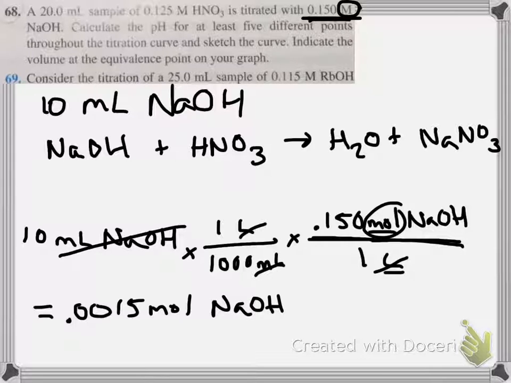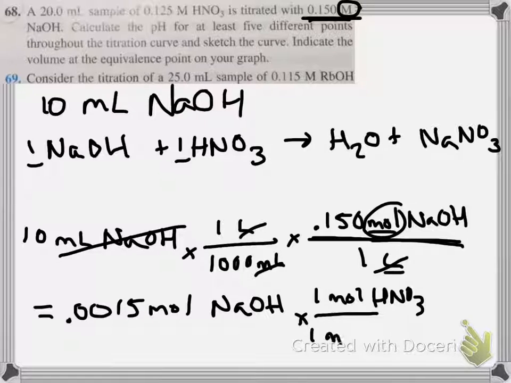I see that I have a 1-to-1 ratio between my base and acid, so I'm going to convert this into my nitric acid. So for every 1 mole of sodium hydroxide, there is 1 mole of nitric acid, which means that 0.0015 moles of sodium hydroxide will react with 0.0015 moles of the nitric acid, HNO3.